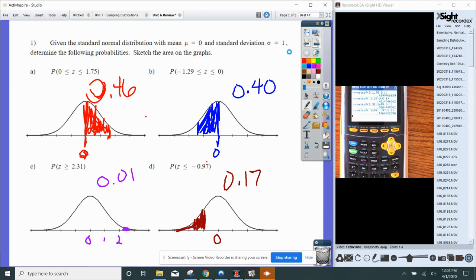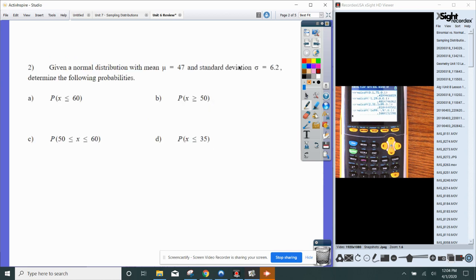On to number 2. I believe it says given a normal distribution, so a little bit different. Number 1 was dealing with standard normal. This is just normal. So this is going to have a mu of 47 and a sigma of 6.2. We're going to use the same feature on the calculator.